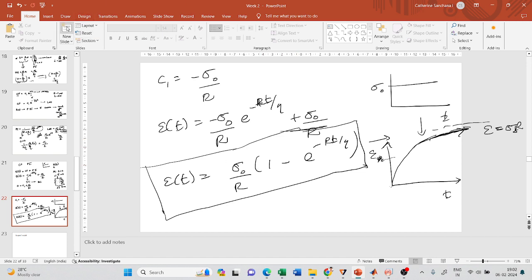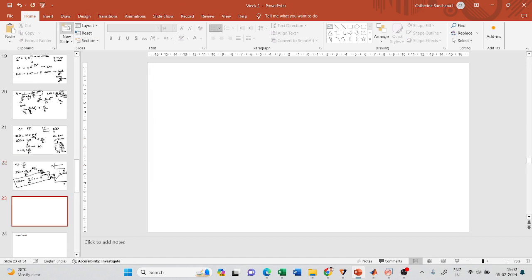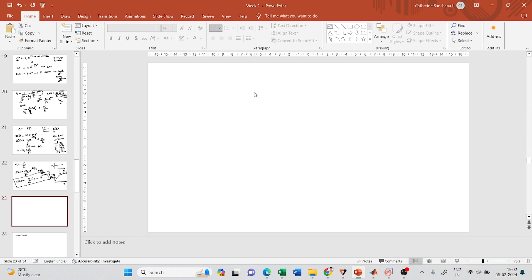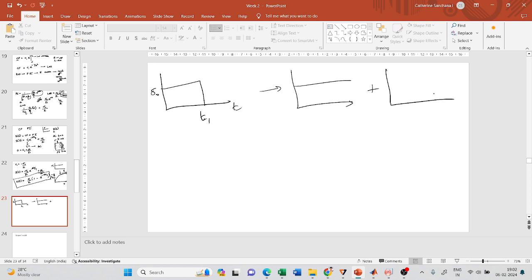Now let us go to Berger's model and then come back to relaxation and retardation. One more thing: this is when the material is subjected to a constant stress. Let us say I'm going to remove the stress at some time t1. This can be represented using two inputs: sigma naught for the entire time t, and at time t1 I'm going to apply minus sigma naught.